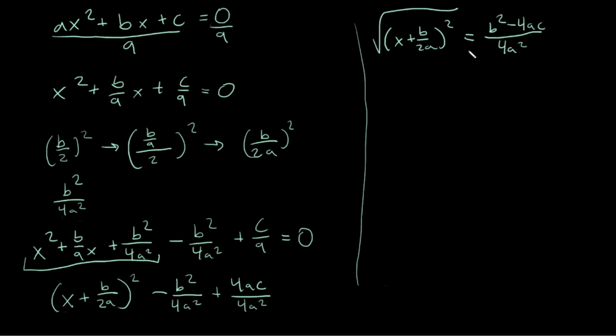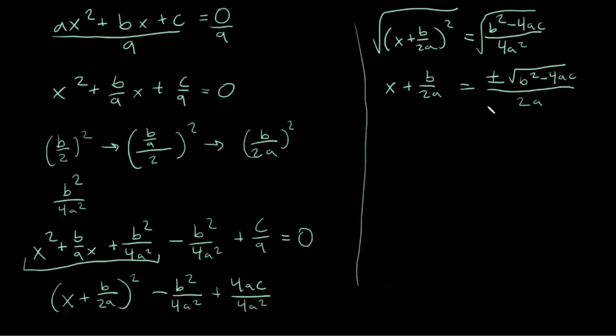Now I'll square root both sides, and this becomes x plus b over 2a. This side becomes plus or minus square root of b squared minus 4ac over, and since this is a perfect square, this becomes 2a.